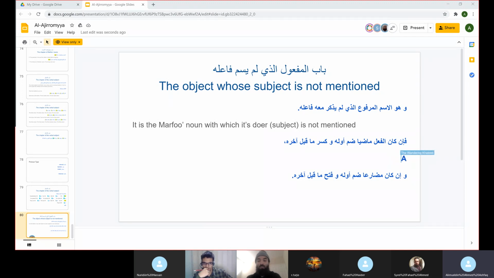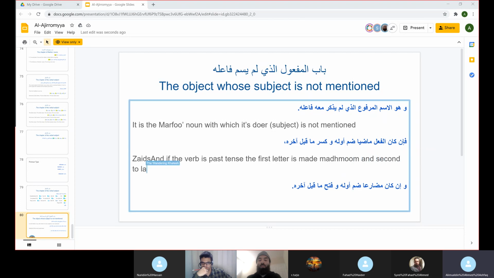And if the verb is past tense, the first letter is made madmum and the second to last letter maksur.